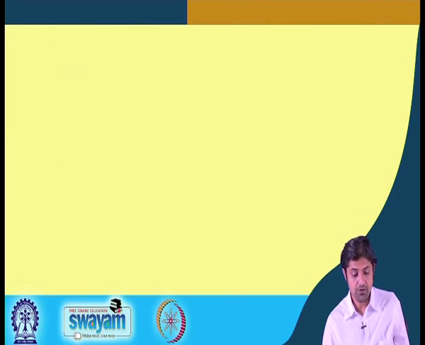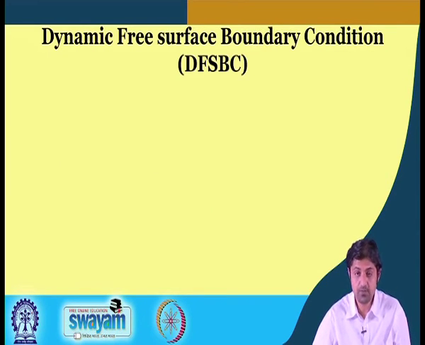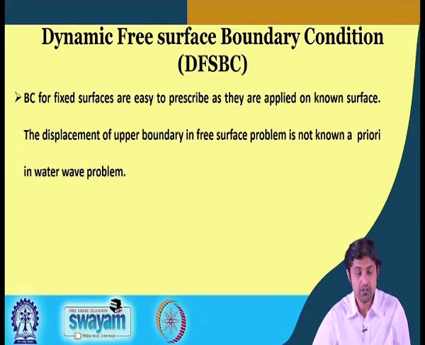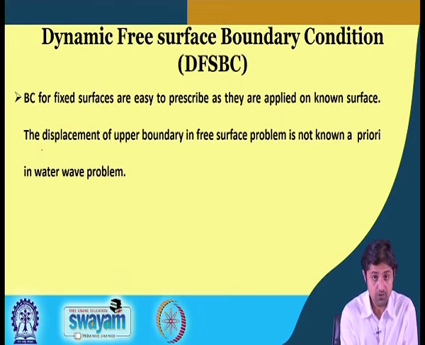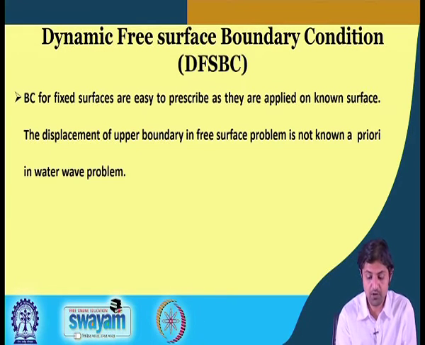So, there is another boundary condition called dynamic free surface boundary condition. Boundary conditions for fixed surfaces are easy to prescribe as they are applied to the known surface. However, the displacement of the upper boundary in free surface problem is not known.